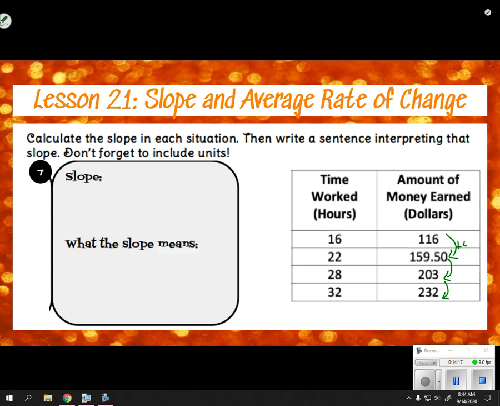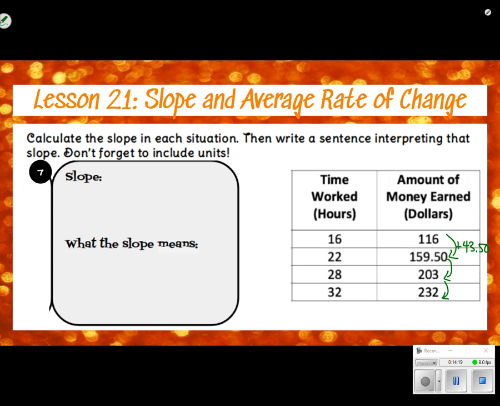We are adding 43.50, again adding 43.50, but then here we're adding 29. Some people might be like, whoa, something's happening there, but it'll be okay. Just hang on. Here we're adding 8, oops, that's not 8, that's 6. We're adding 6, adding 6, adding 4. And that's the reason for the change there.